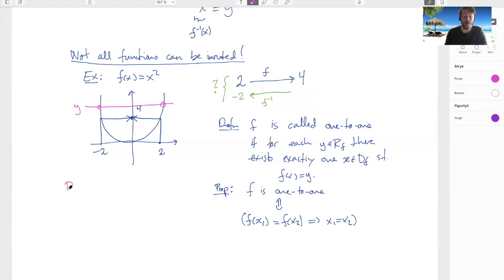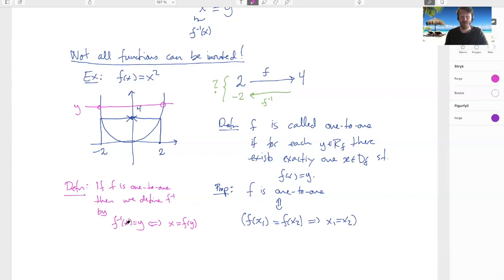And finally, here we can write the definition of an inverse function. So if f is one-to-one, then we define f inverse as follows. f inverse of x gives you y if and only if x is equal to f of y, right? So I'm wondering here, what value should I assign to this x here?